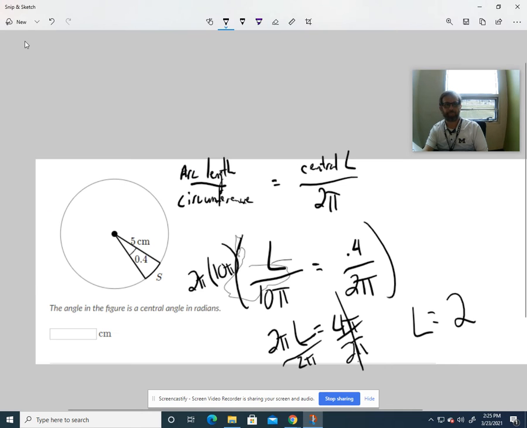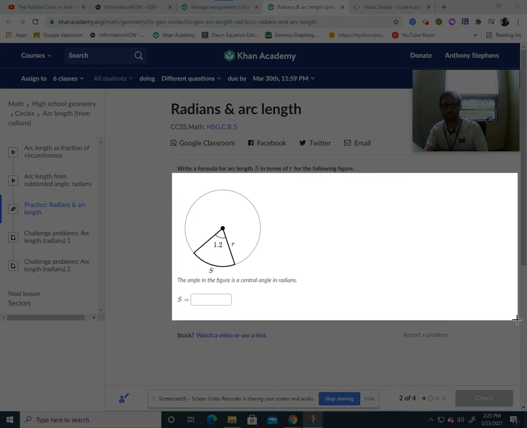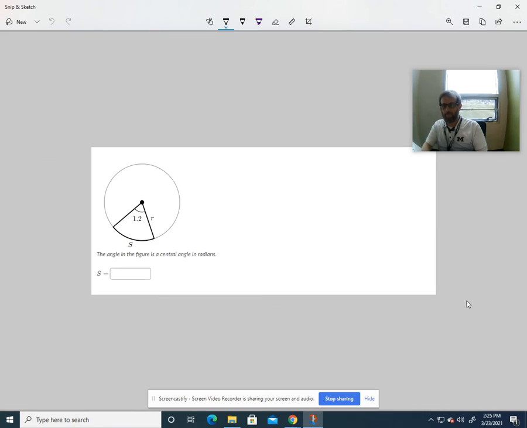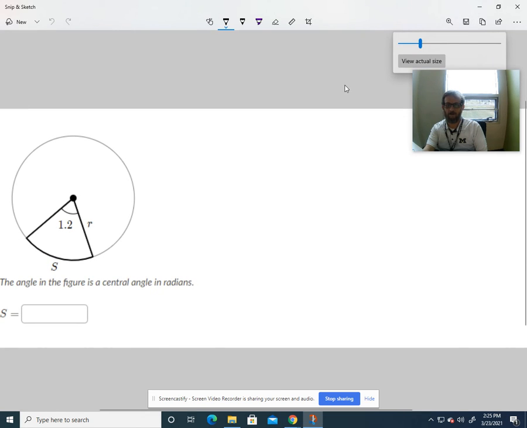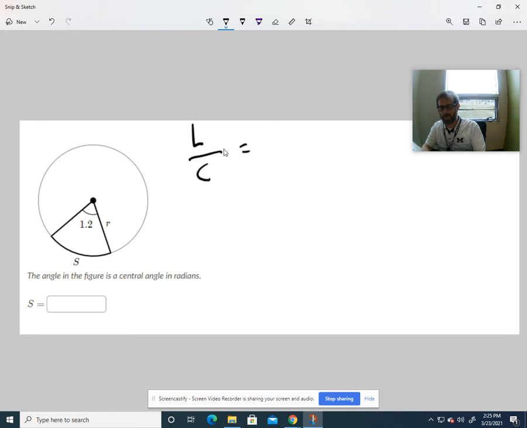So again, remember this little setup, because I don't want to have to write it every single time. Every time you're talking about arc length, you're setting up the same measurement: the arc length to the circumference equals the angle to 2 pi. The arc length is the thing I don't know.